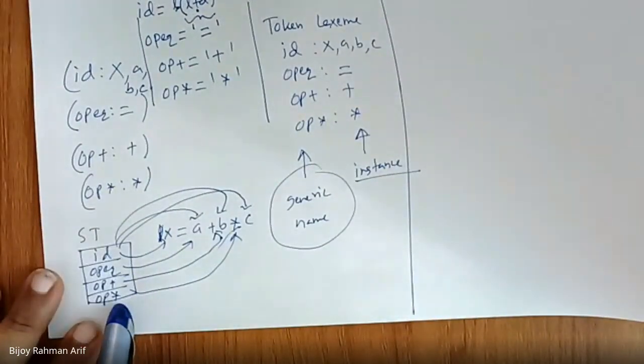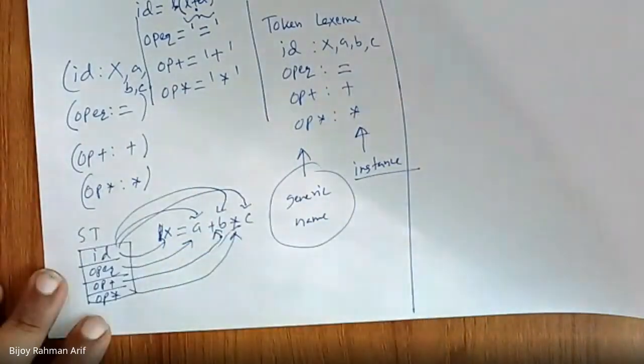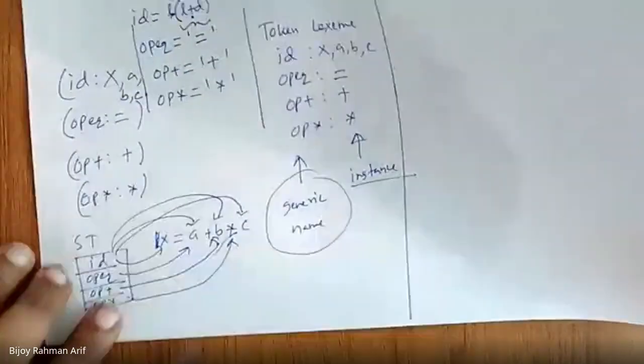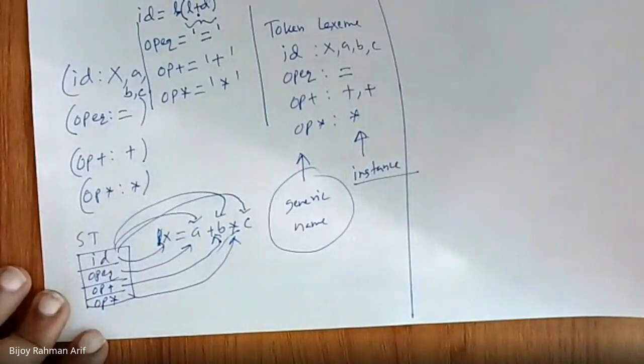token, and from the token name to a particular lexeme there is a pointer. That is all. That is the real picture. So, sir, if there are two pluses, there will be two pointers? Yes, you can say that. There would be two pointers.